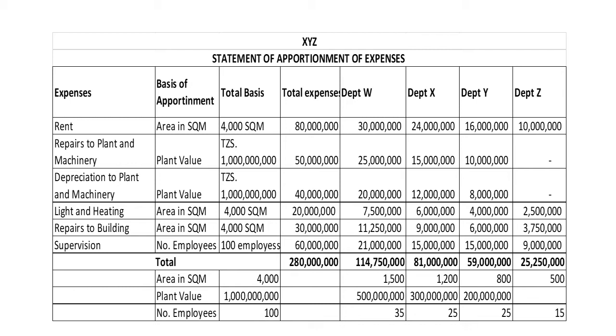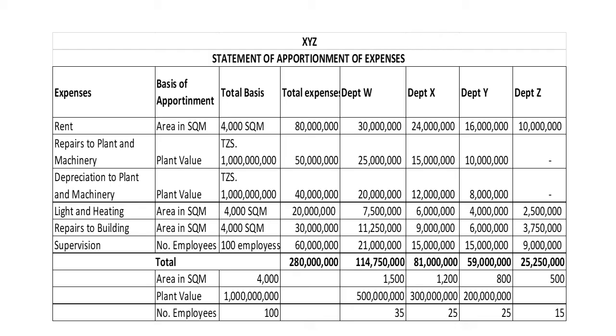And again, coming to repair to plant and machinery, the total expense to be distributed is 50 million. The basis of apportionment for this 50 million will be the value of plant.